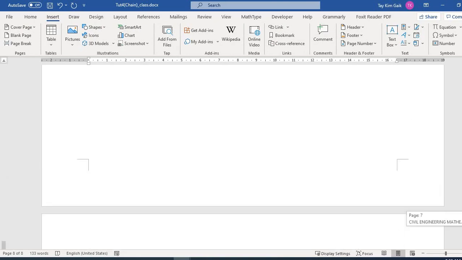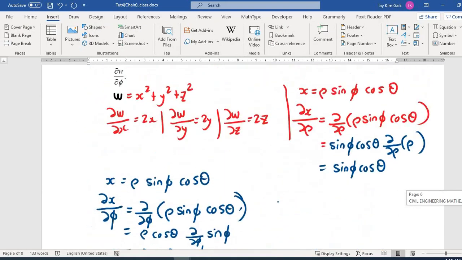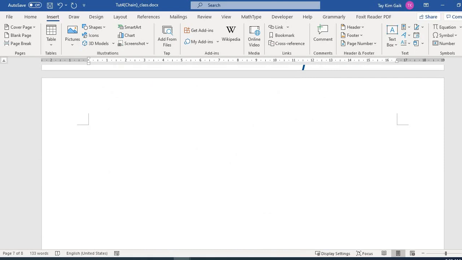In question 1, we want del w del rho and del w del phi. We want del w del rho. So w you can differentiate with respect to x, so del w del x, multiply del x del rho.